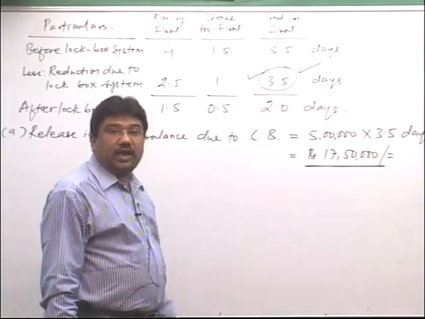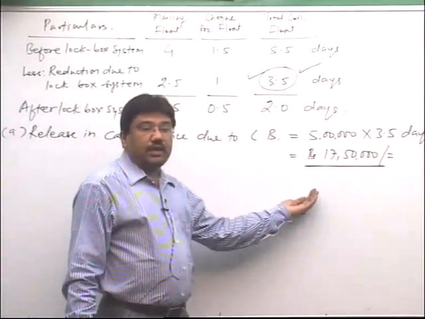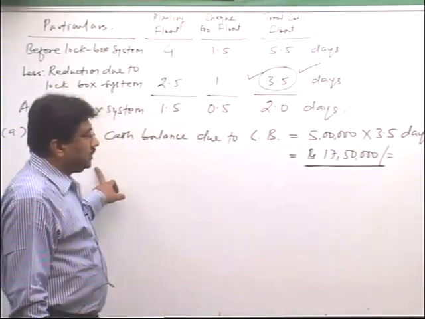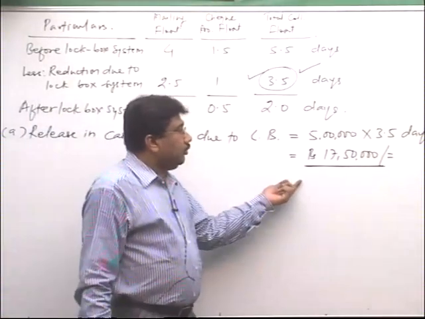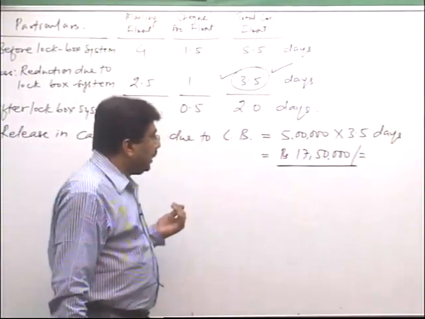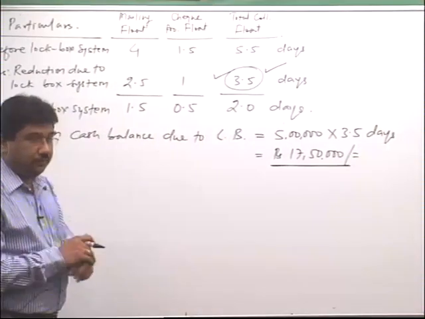The amount of cash which we are receiving is same, but we are receiving this money earlier. So, on an average, due to reduction in collection float by 3.5 days, we are getting 17 lakhs 50,000 earlier, but not more.